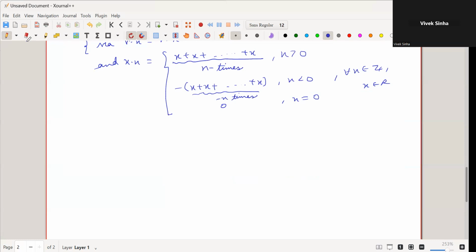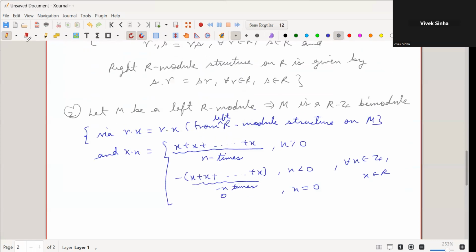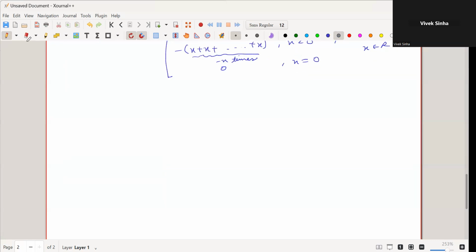The third example is: if N is a right R module, then N is a ZR bimodule.